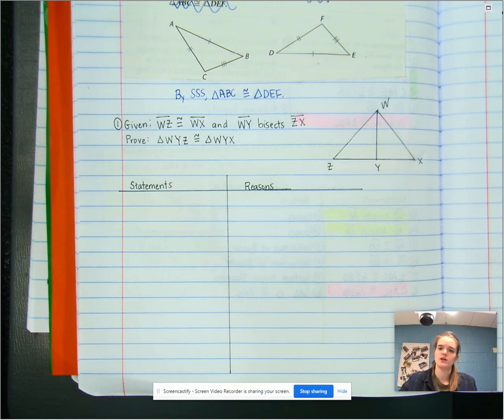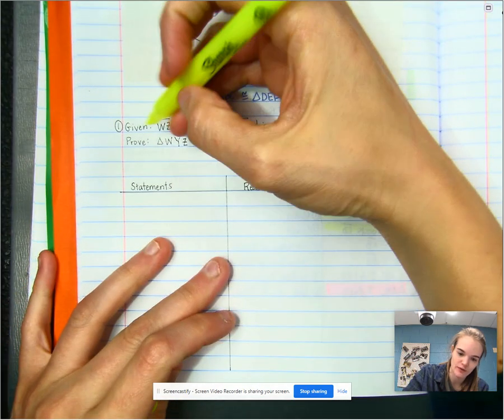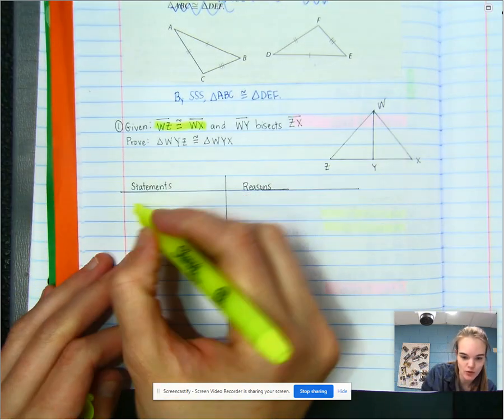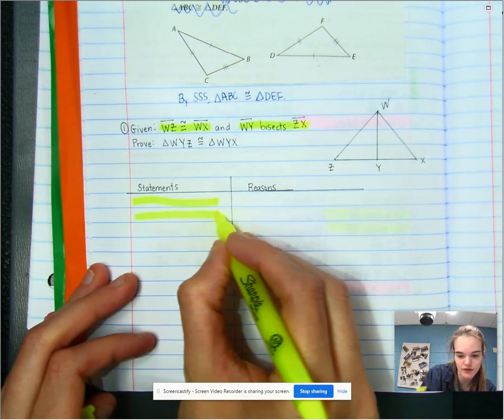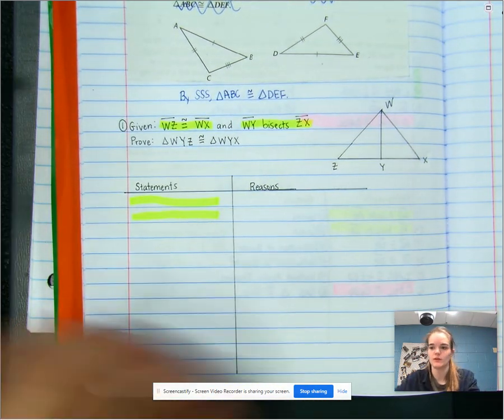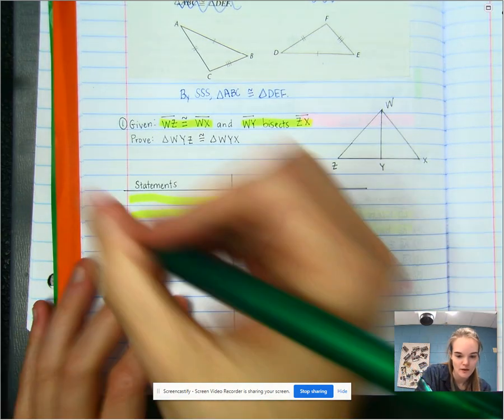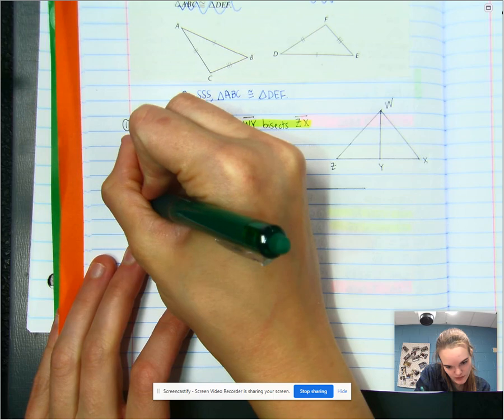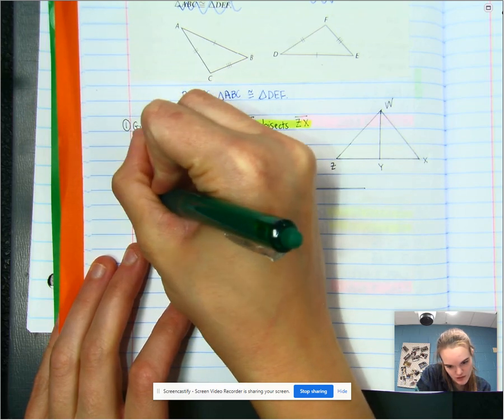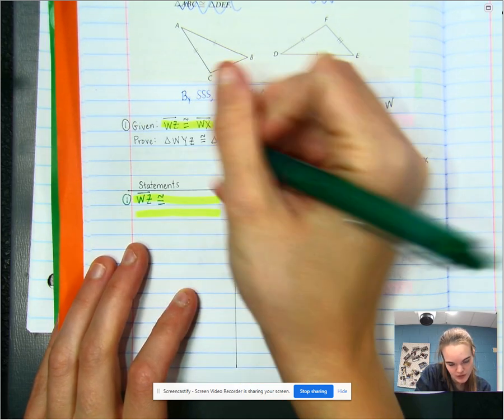All right, so this is not different. Start with the givens. We have 2 of them. So 1 and 2 will both be givens. Number 1, WZ is congruent to WX.